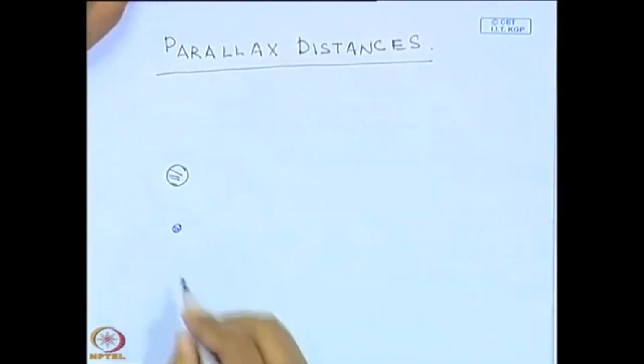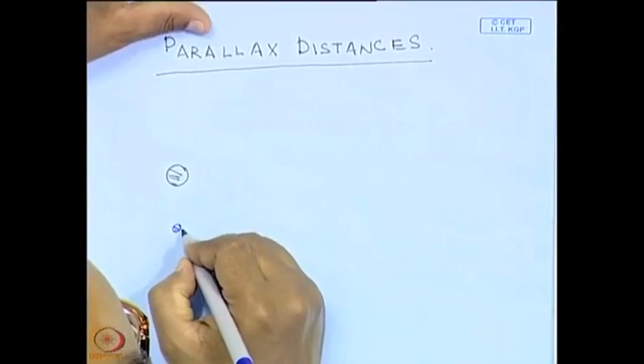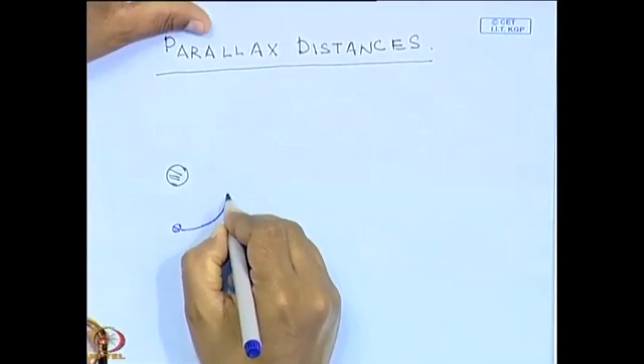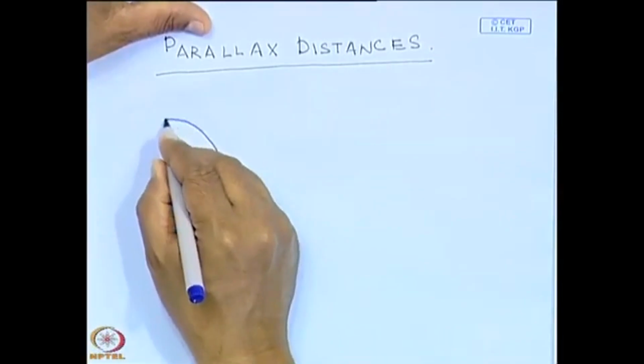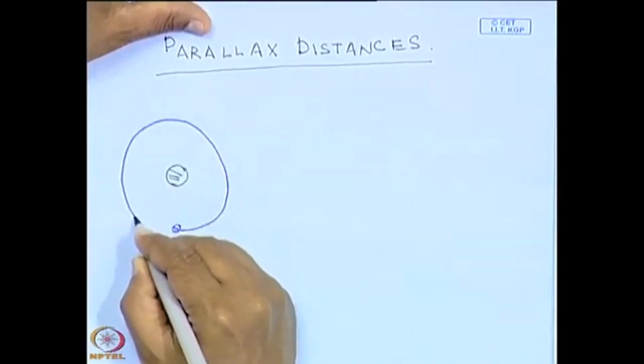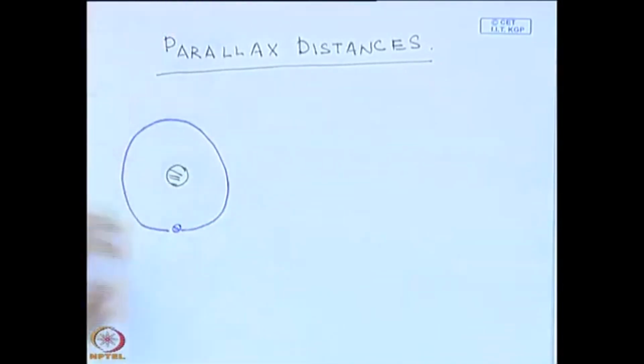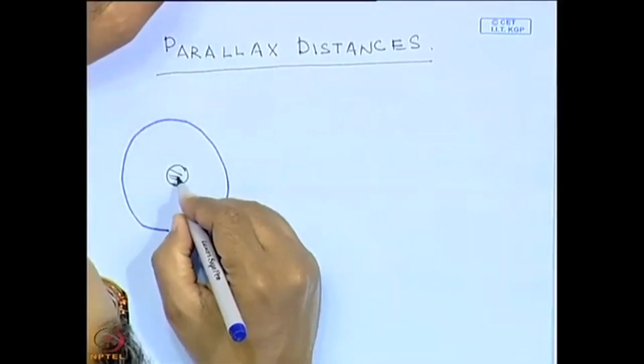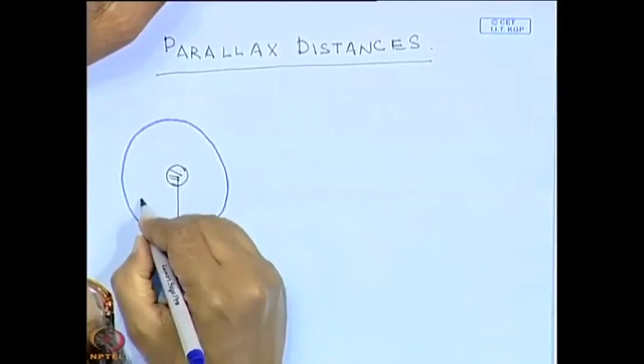They are obviously not drawn to scale, and the earth goes around the sun once every year. And the radius of this circular orbit is very well known, it is 1 astronomical unit.